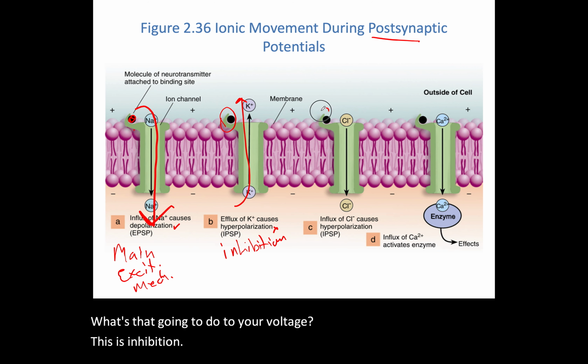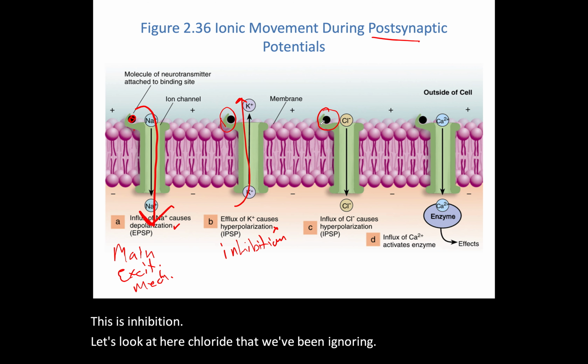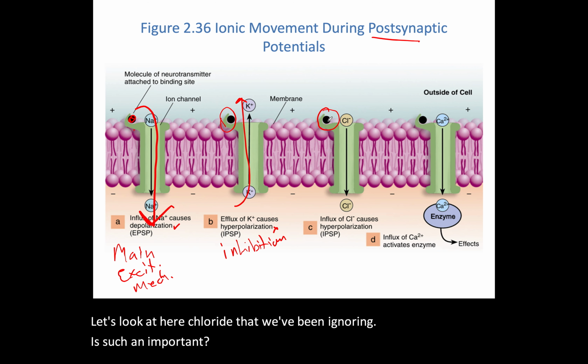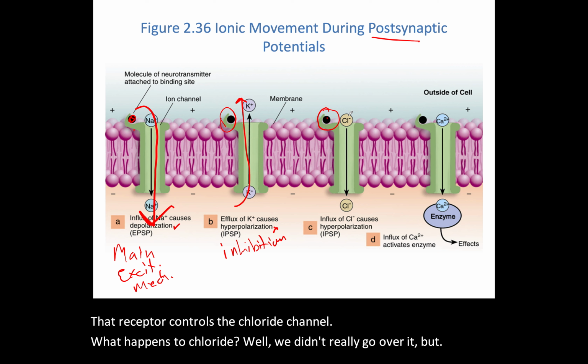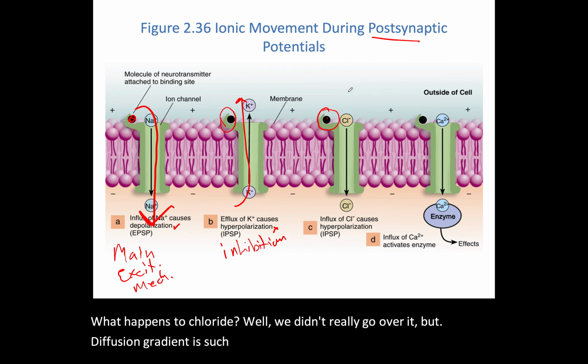Let's look at here. Chloride, that we've been ignoring, is such an important piece of our nervous system. All right, neurotransmitter arrives. That receptor controls the chloride channel. What happens to chloride? Well, we didn't really go over it, but the diffusion gradient is such that there's much more chloride outside than inside.